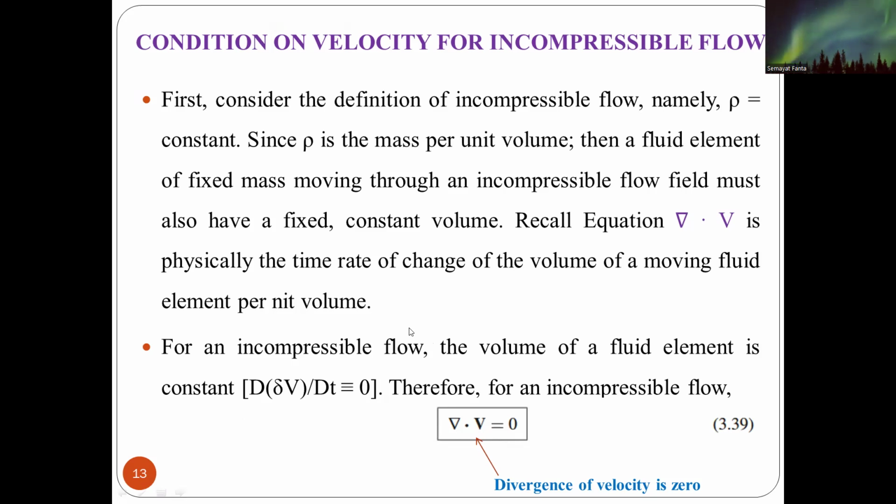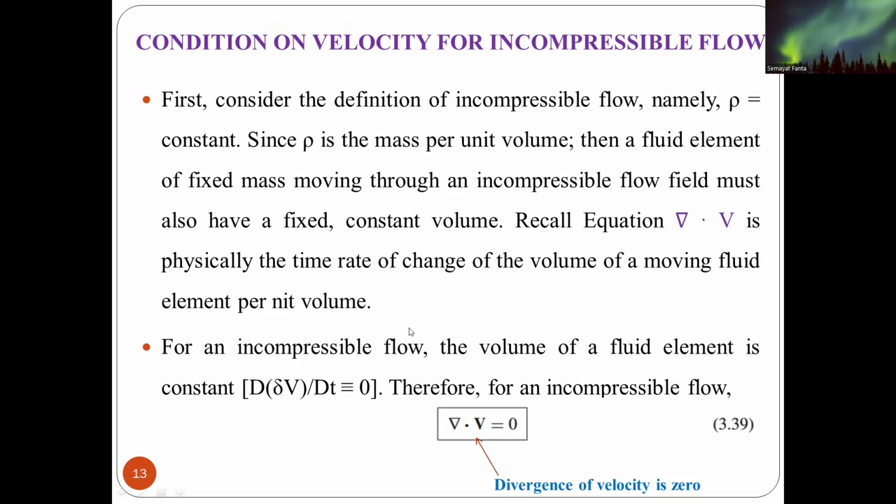Incompressible flow is defined in terms of the divergence of velocity, which is zero. Since density is mass per unit volume, a fluid element of fixed mass moving through an incompressible flow field must also have fixed and constant volume. So there is no volume change.